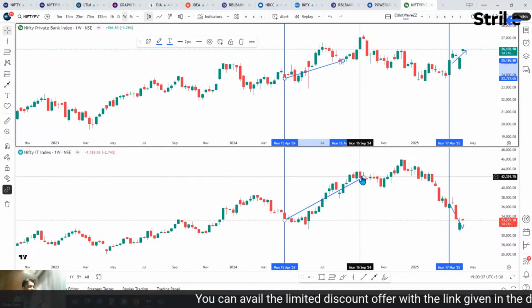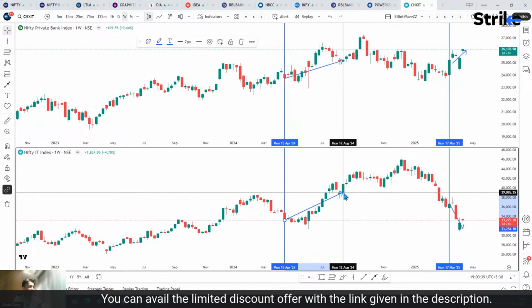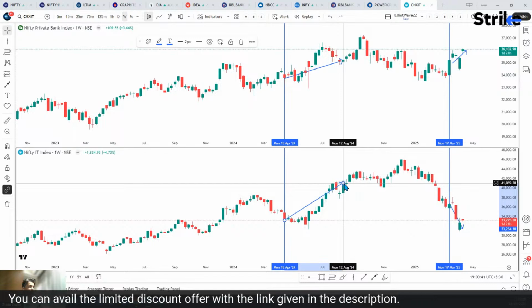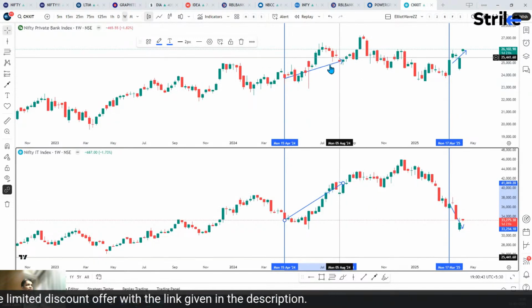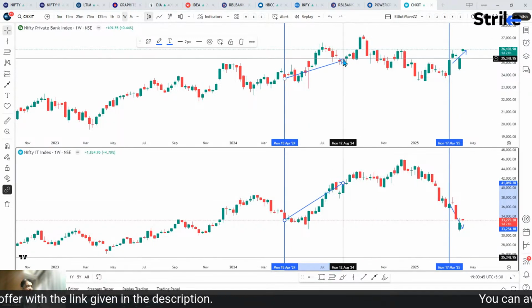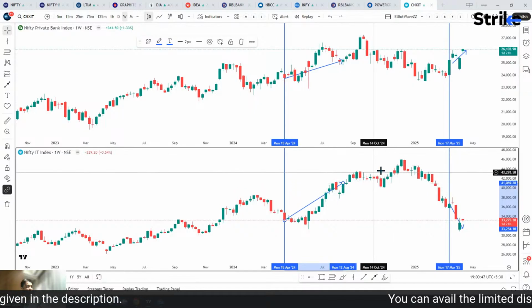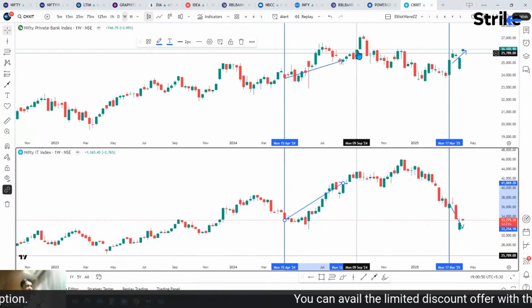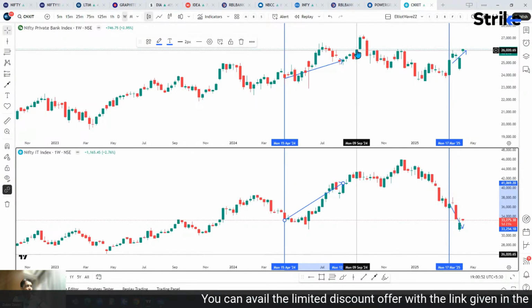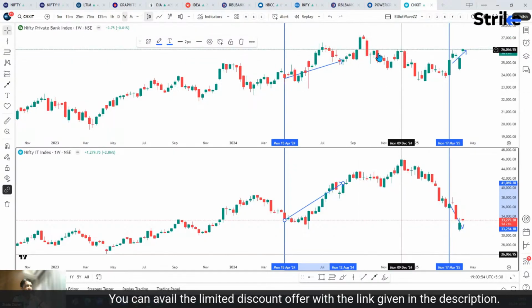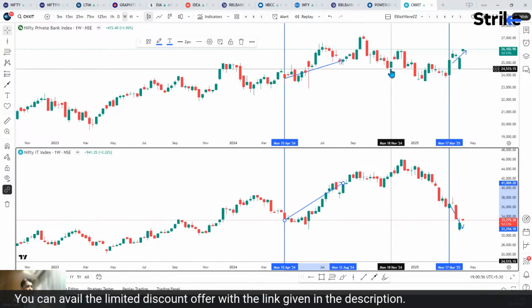So here we go. Over here, what has happened from here? The IT index started doing well, and private bank went up a little bit, fell down, and then again remained almost sideways.